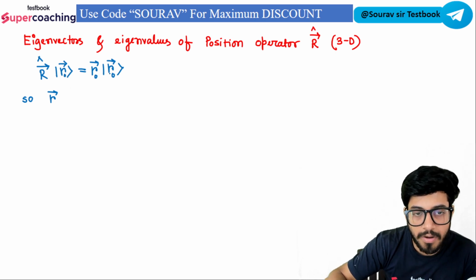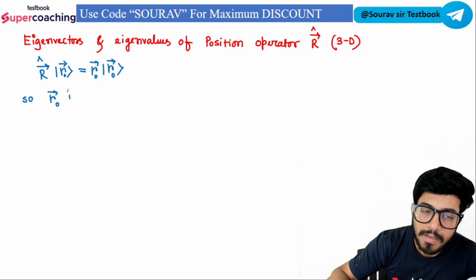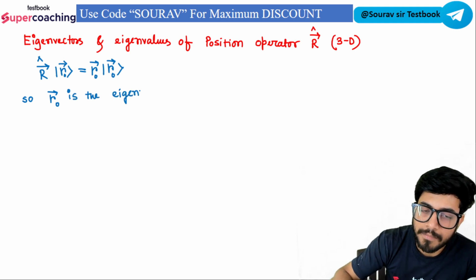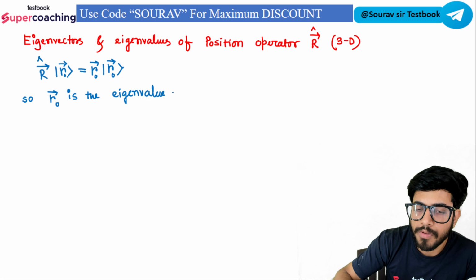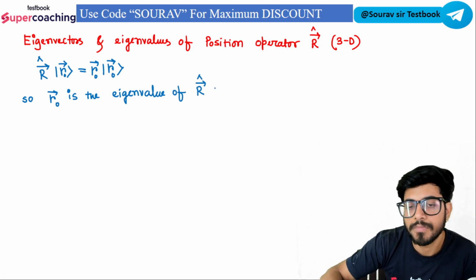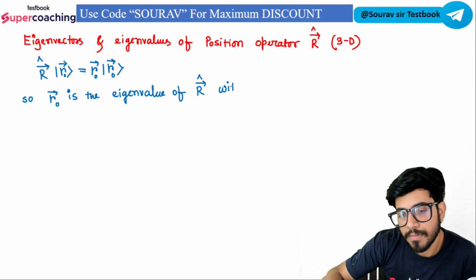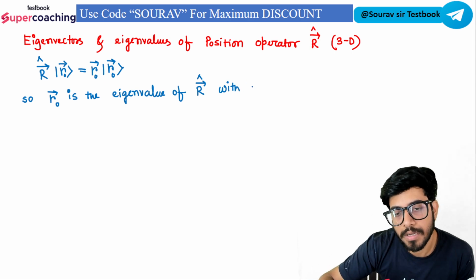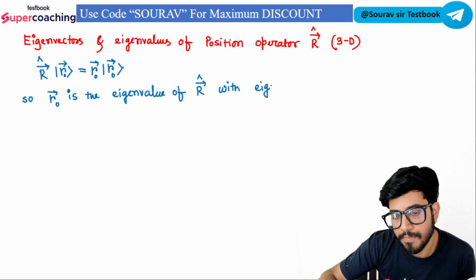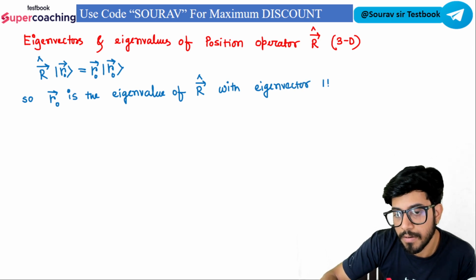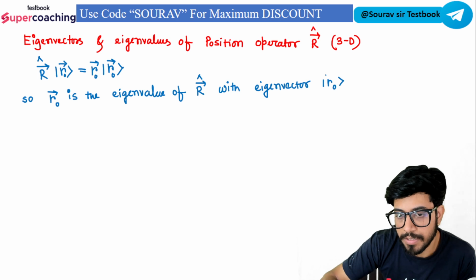So I can write R naught is the eigenvalue of R vector cap with eigenvector R naught vector ket with eigenvector this.